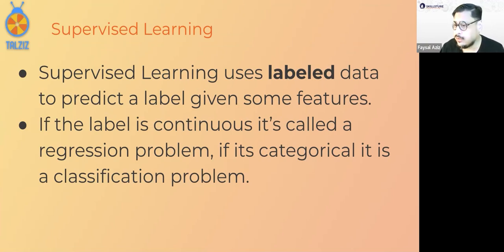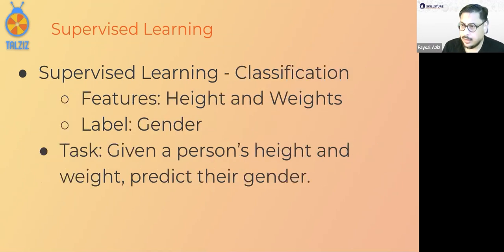In the data structures and algorithms part, we discussed a little bit about this, about continuous data and categorical data. So when I say label, it could get a little bit confusing because the terminologies used in computer science sometimes differ from how we speak.